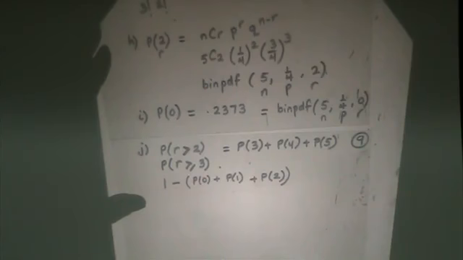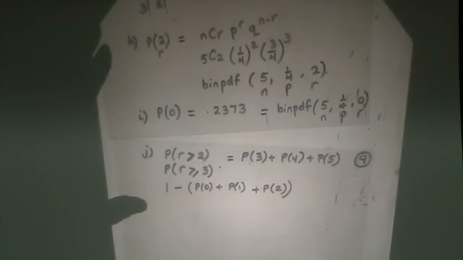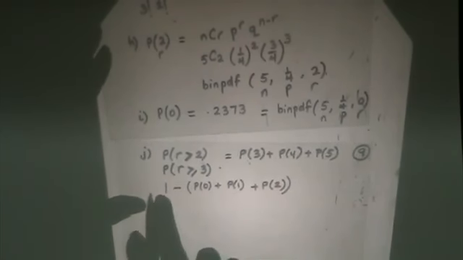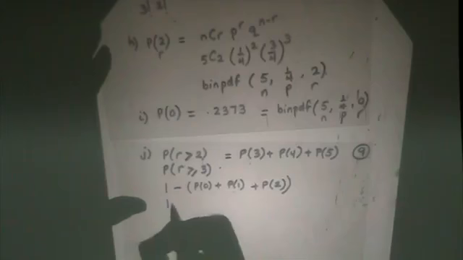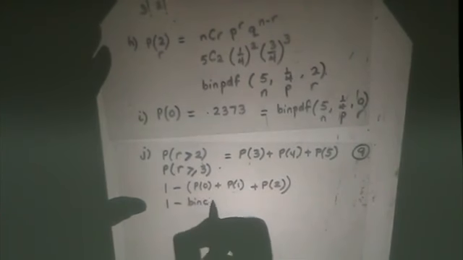After all, I want 3, 4, and 5 added together, so I'm going to take away all the rest, 0, 1, and 2, from 100% or 1, because that's the sum of all the probabilities. You're with me, right? So 1 minus binomial CDF of n, p, 2. N, of course, is 5, and p is a quarter. And r is 2.